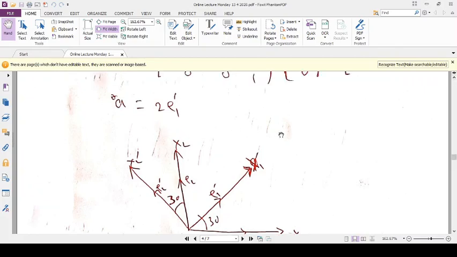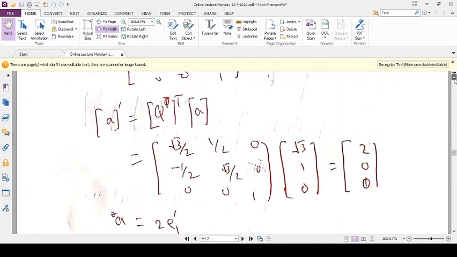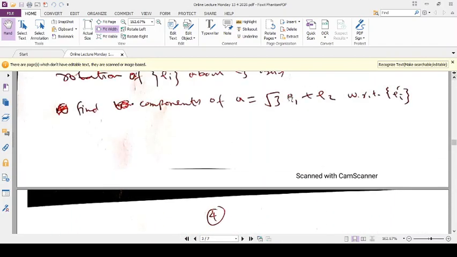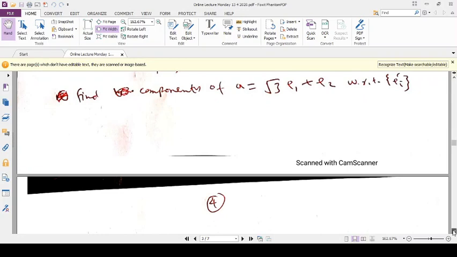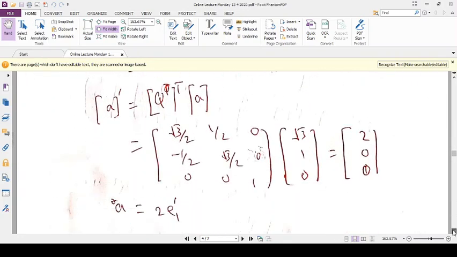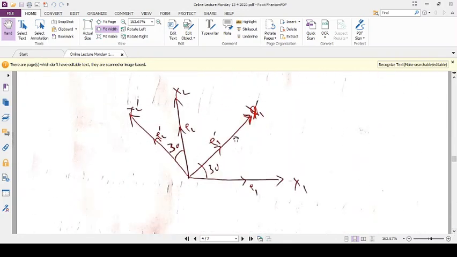And you can see that your A, with respect to e1 dash, is simply parallel to e1 dash, it will be somewhere here with magnitude 2. And this vector also has magnitude 2. It will also be somewhere here with respect to basis ei.